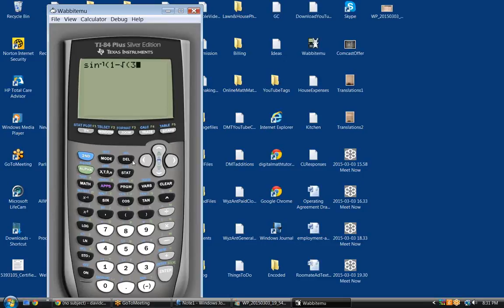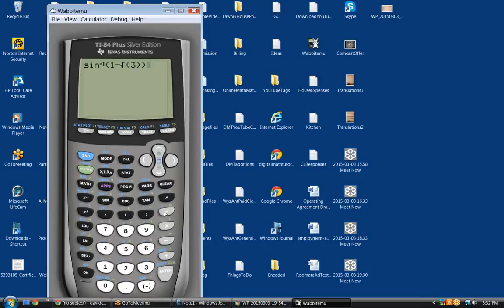Hold on, delete, back, delete, okay, 1 minus root, oh, it puts a parentheses there automatically, 3 in parentheses, another parentheses, good God, divided by 2.